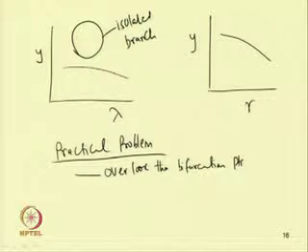Also, let us take this example of a turning point. Sometimes the solver may not find this turning point. This point and this point it may overlook. Similarly, what is the step size of this control parameter we will take?